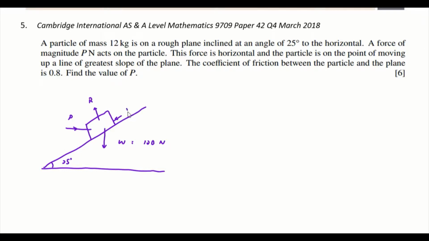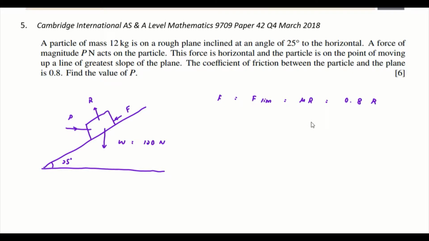Okay, so this is our F. And since the question tells us it is on the point of moving up, our force of friction here is just equal to the limiting friction, which is equal to mu R. The question already gives us that mu is 0.8, so it's 0.8R. So we can straight away use this value later.